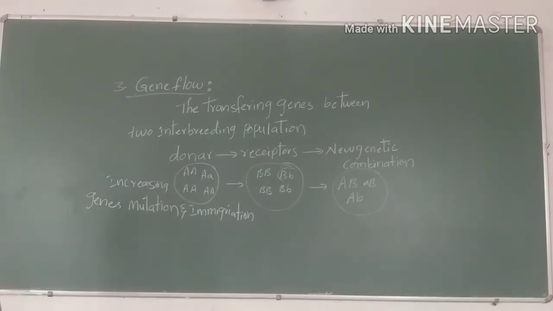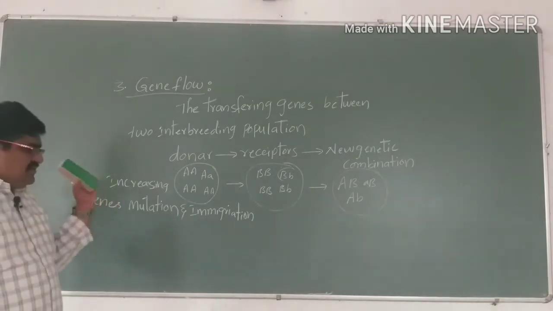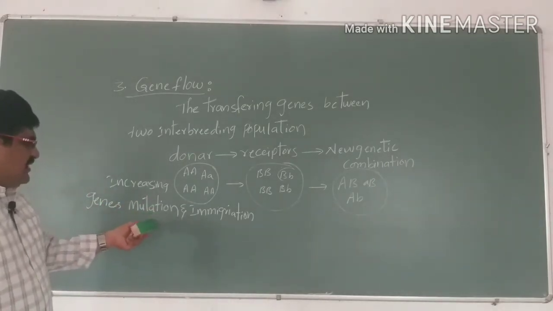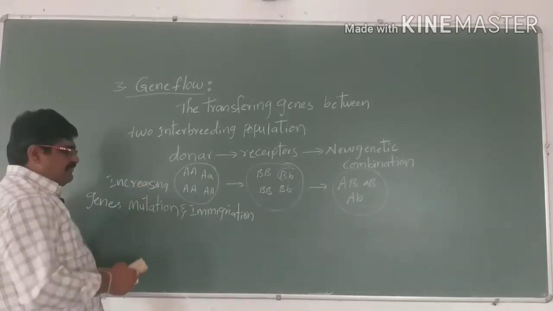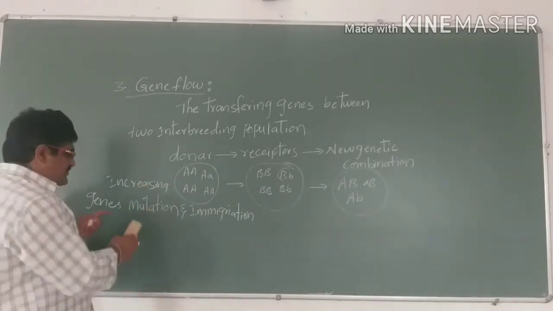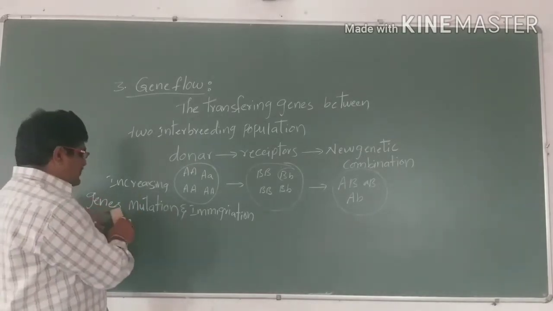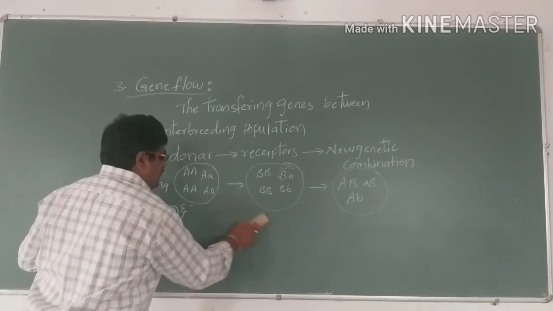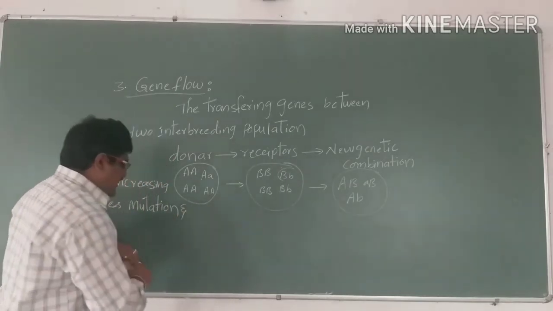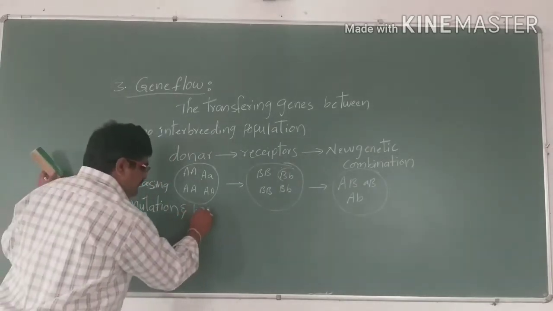It is helpful for the formation of variation. Increasing genes is mainly taken place by mutation and immigration. It is also due to hybridization.